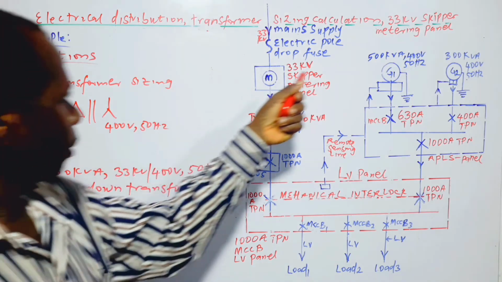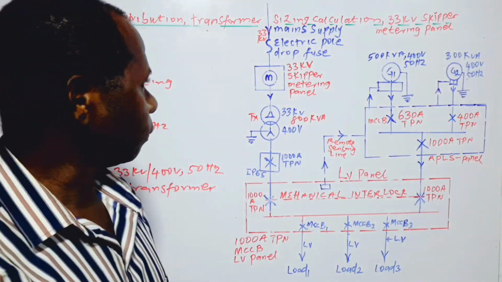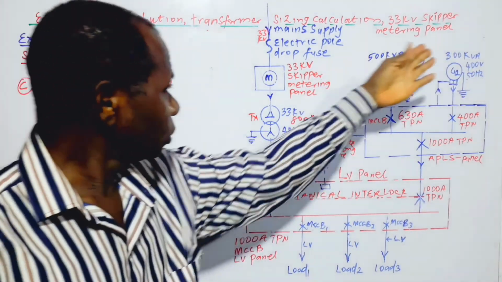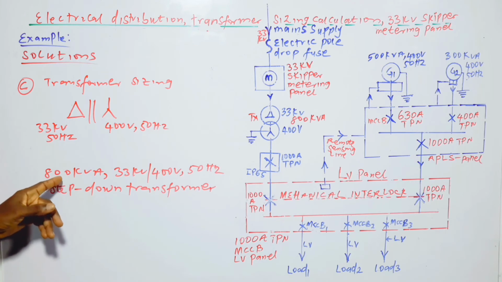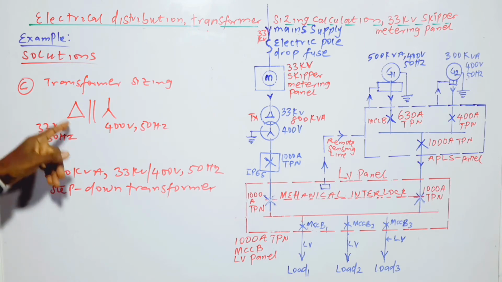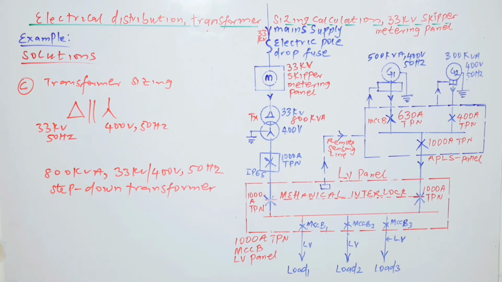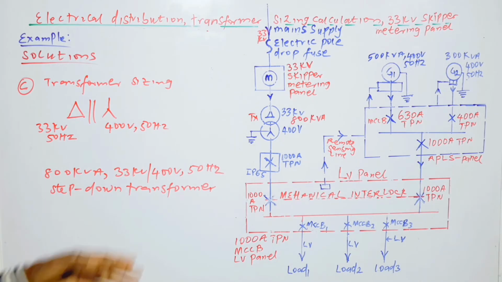Looking at the combination of these two generators, 500 and 300, we have 800 kVA here. So the size of the transformer, the kVA rating, is definitely 800 kVA, the medium voltage side is 33 kV, the low voltage side is 400 volts, both sides are at 50 Hz, and it is a step down transformer.